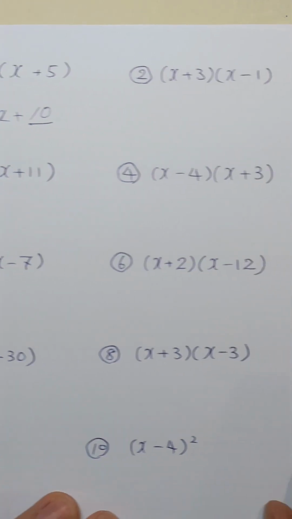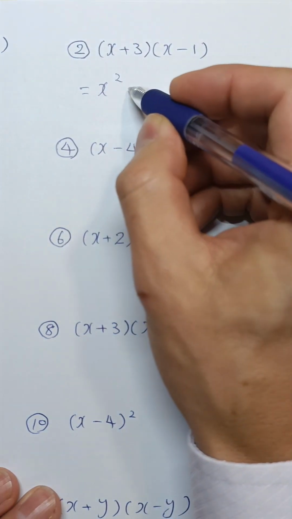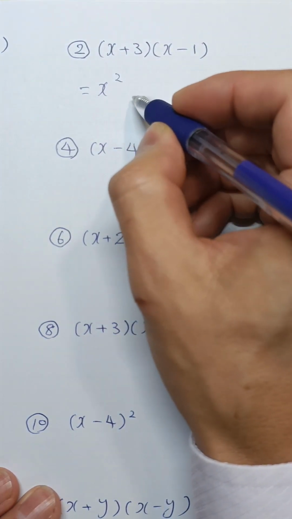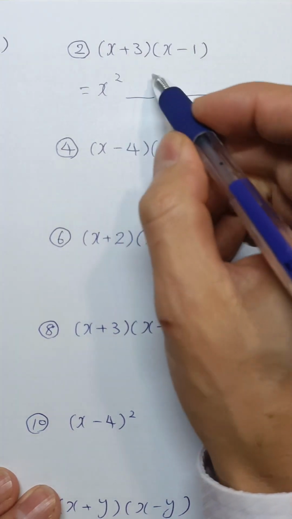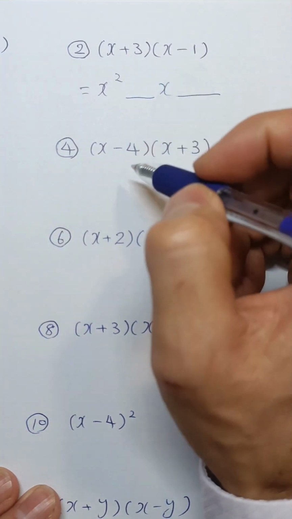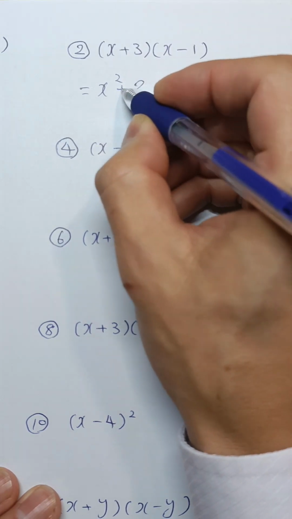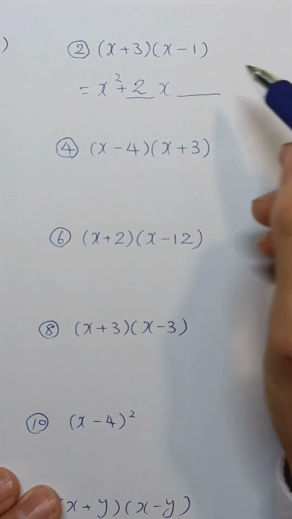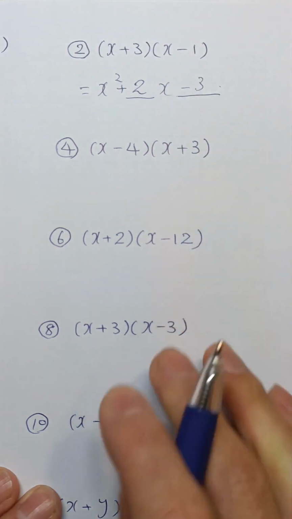Next one. x squared and then plus or minus x and then this number, right? This number is the addition of these two numbers. 3 take away 1 is 2. Then this is positive, so you put plus here. 3 times negative 1 is negative 3.